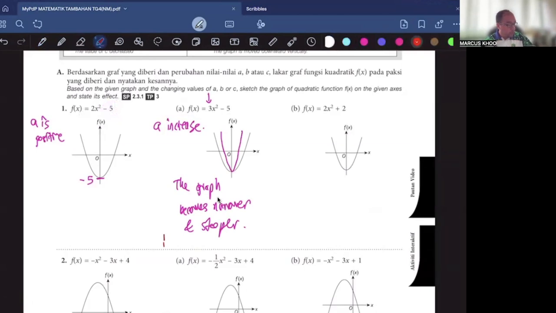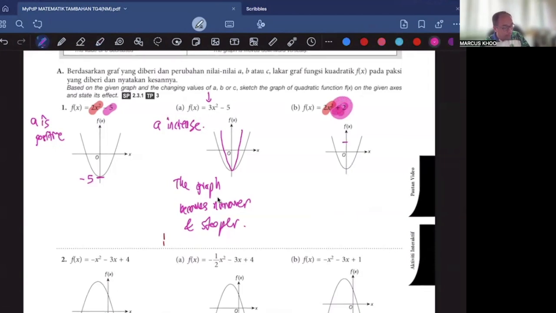So 2x squared, 2x squared, no problem. The original is -5, but now it becomes +2. What happens to the C value? The C value originally is -5. Now it has increased to +2. So +2 means it's somewhere up here. Here is 2. But the shape of the graph remains the same.